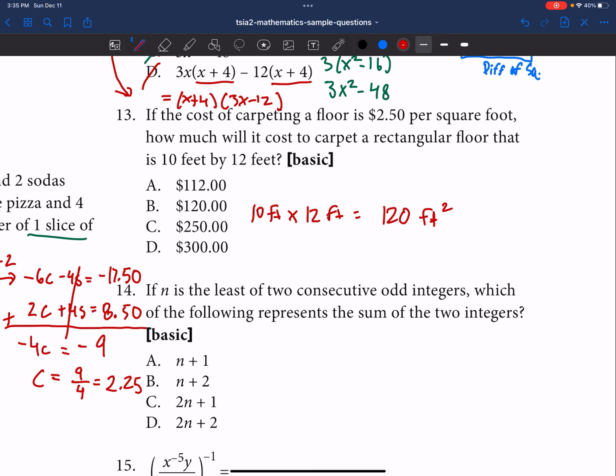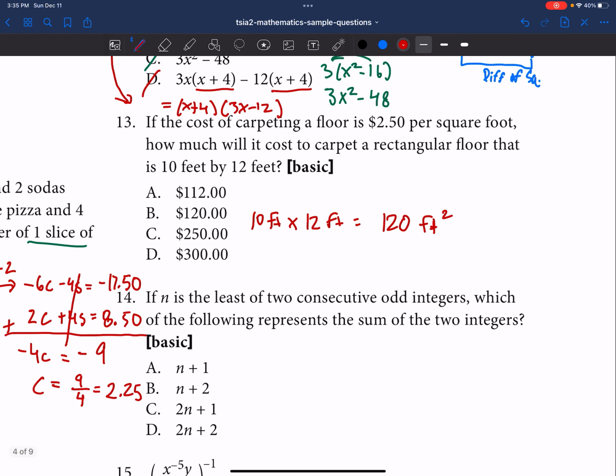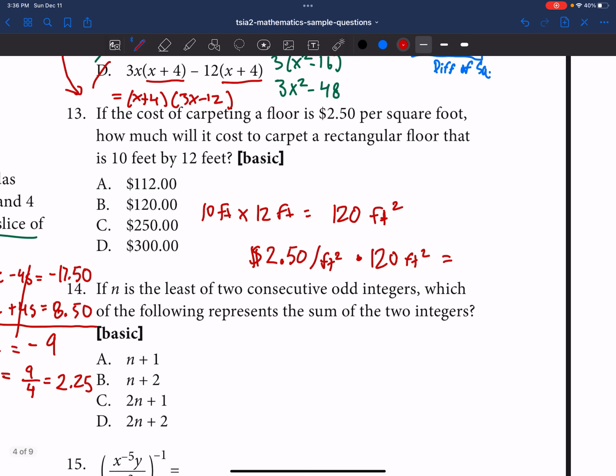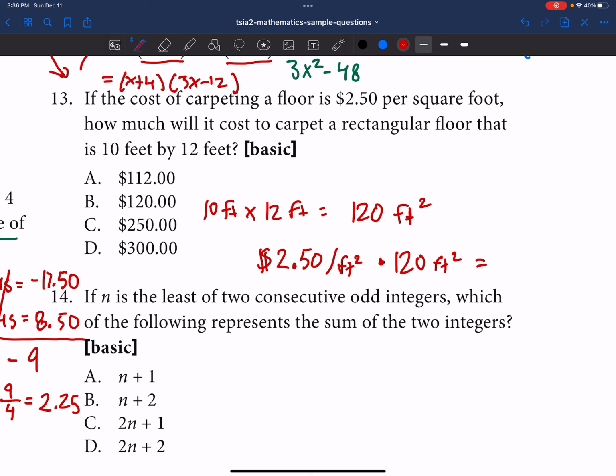It's per square foot. So if the cost of carpeting a floor is $2.50 per square foot, then I'm going to do $2.50 per square foot times 120 square feet equals, well, if I double 120, that's 240, and if I cut 120 in half, that's 60.